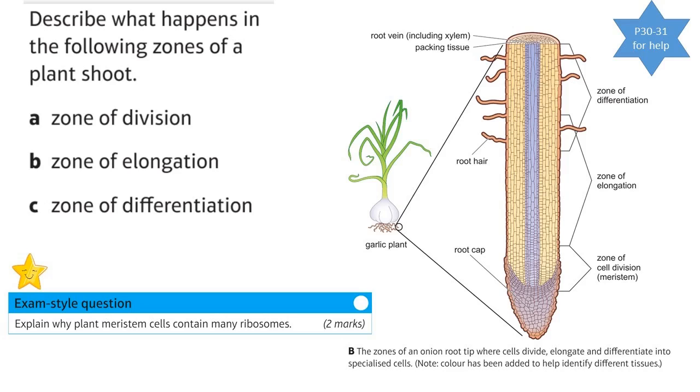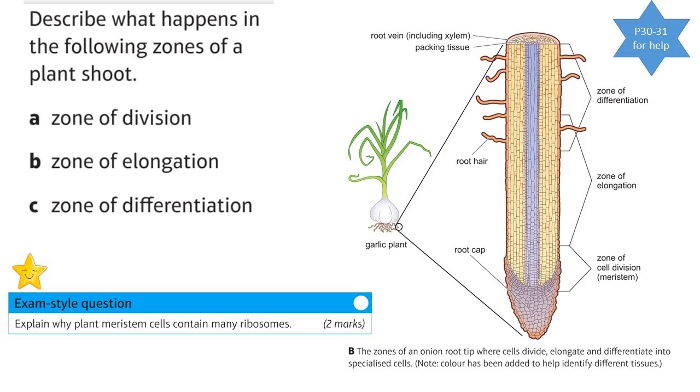Okay, so let's go through the answers. So A, what is happening in the zone of division? So the zone of division, we call that the meristem, and that is where mitosis is taking place. So the cells will be quickly dividing to produce more cells by mitosis. B, the zone of elongation, that is where the cells that have been created by mitosis are now getting larger.